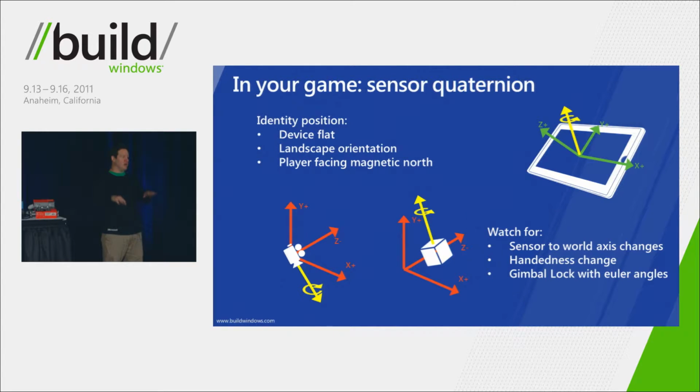And then as I say here, the orientation vector you get out of the device corresponds to the device being flat, in landscape orientation towards me, and facing magnetic north. That will give you a 0, 0, 0, 1 quaternion, which is essentially your reference position.